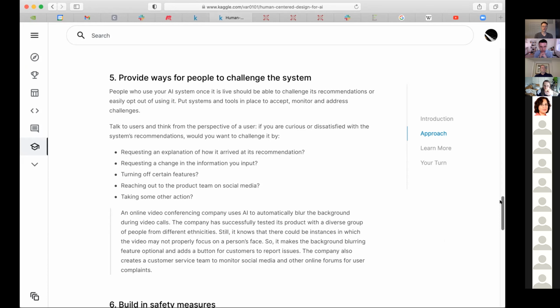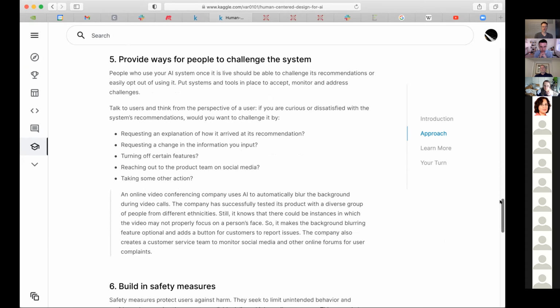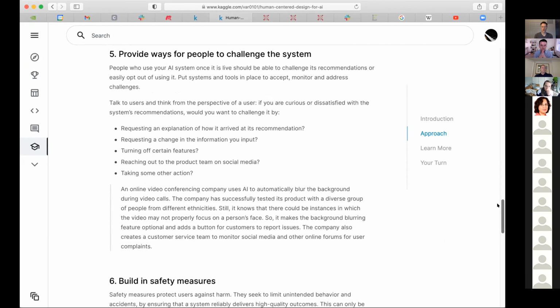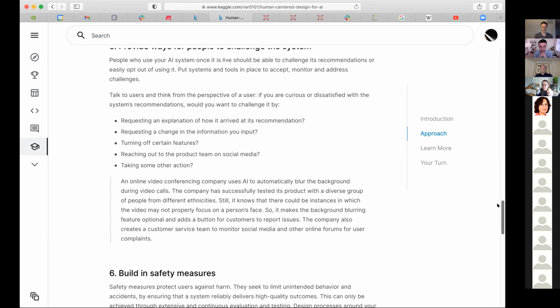So you want to make it possible always for users of the system to be able to reach out to you, to get back to you with relevant input based on their experiences.